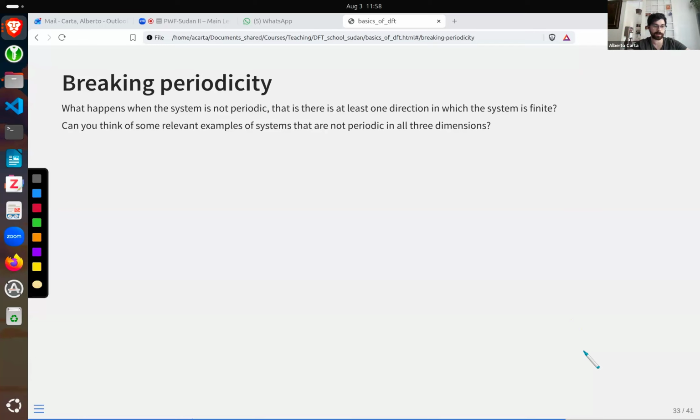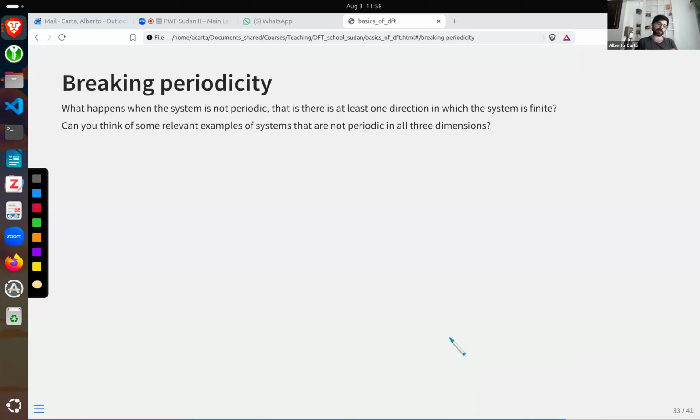Carbon nanotubes are long tubes that are confined in the X and Y plane, but not confined in the Z direction. Now we think about 2D materials. Can we think of graphene? Graphene, a perfect example, yes.